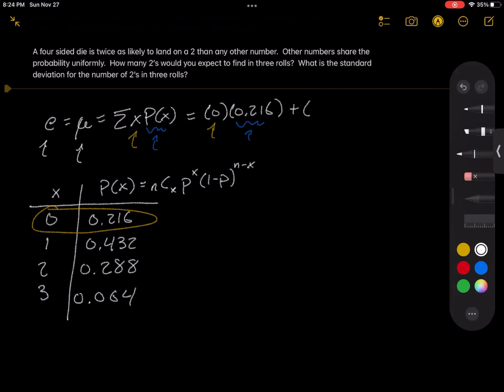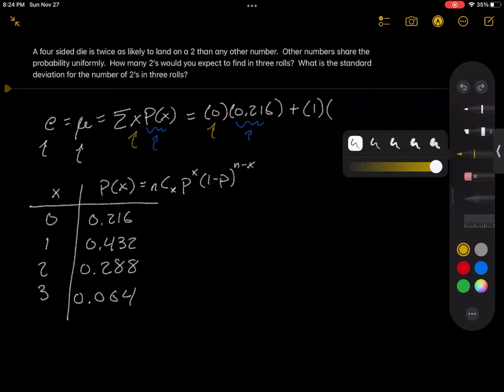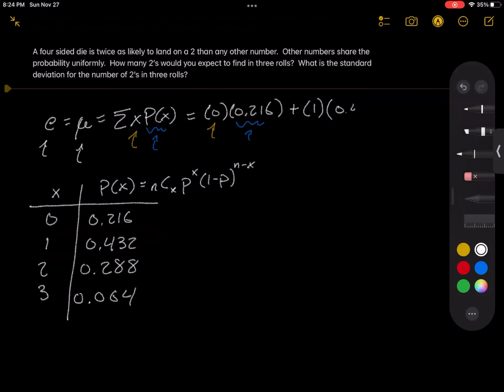Now I add to it, I could have 1 two, and the probability of me having 1 two is 0.432. I then add the event of me rolling two twos. That occurs 0.288. Or all three rolls could be twos, but that's not very likely, 0.064.